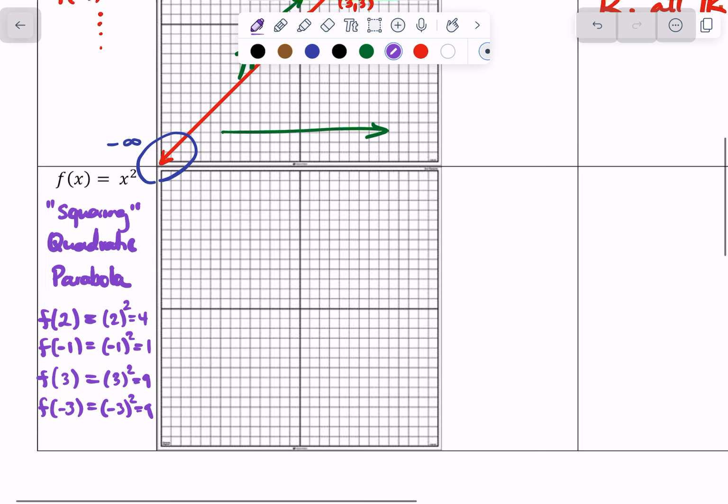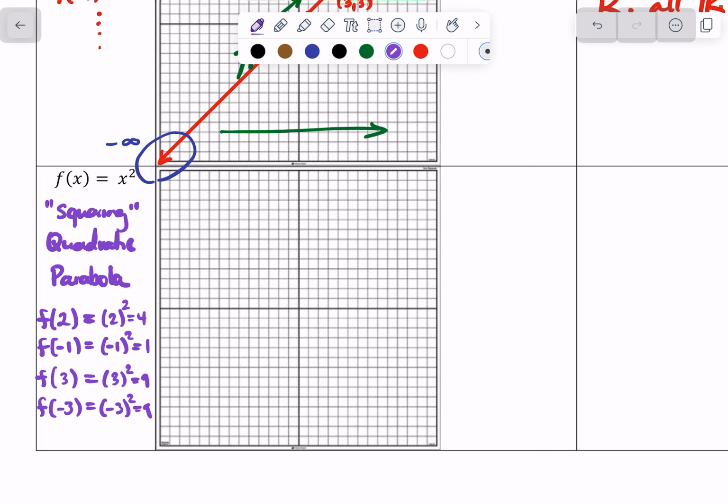So we just need to plot a few of these points, right? So 2, 4 would be around here. We did 3, 9, so let's see, here's 3, 4, 5, 6, 7, 8, 9. 3, 9. If we went to 4, we would get 16, right?